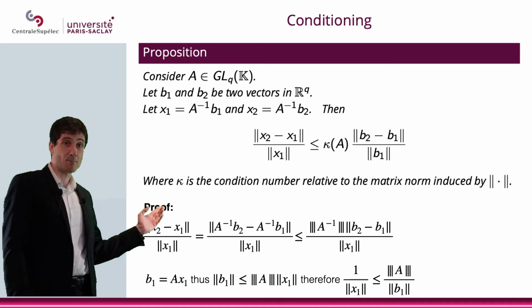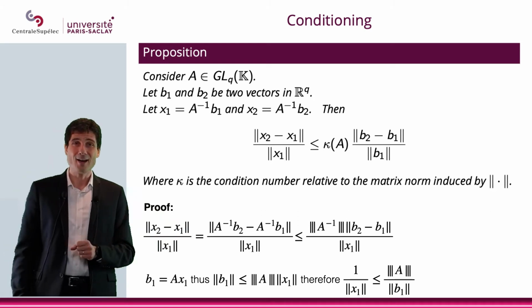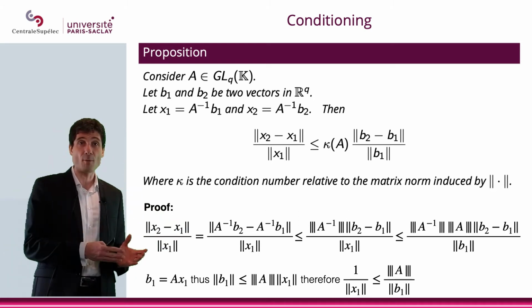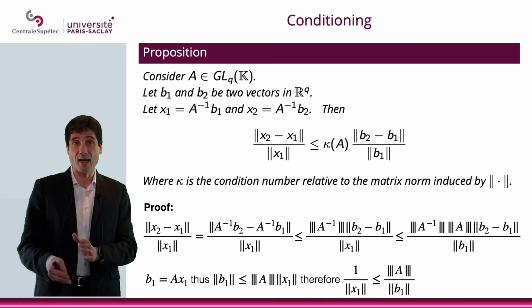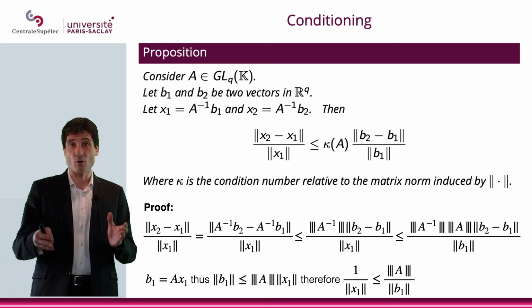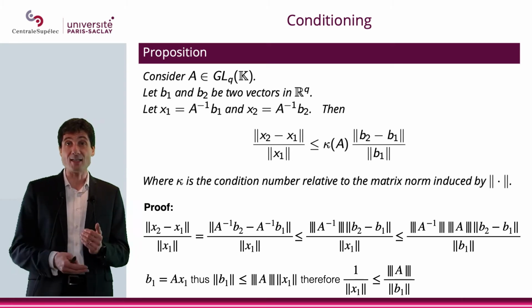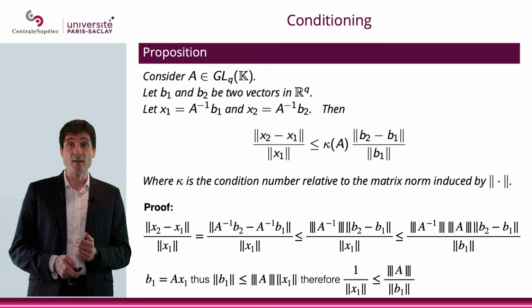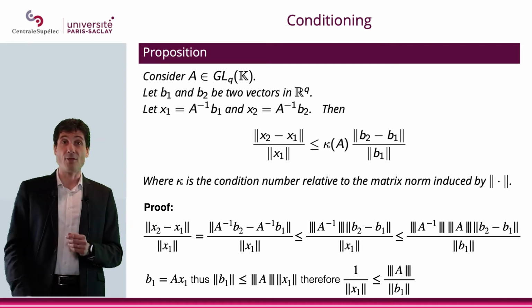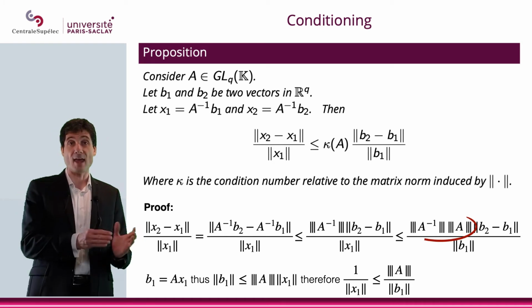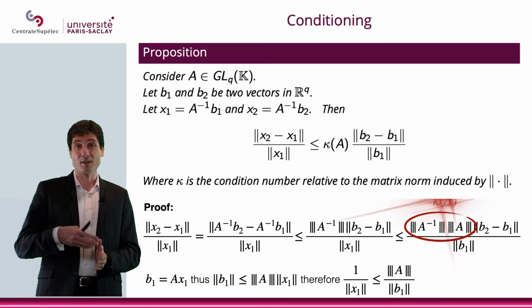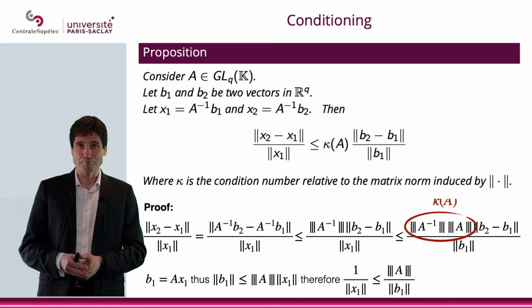So if I plug this back in over here, what I get is the norm of A inverse times the norm of A multiplied by the norm of b2 minus b1, divided by the norm of b1. In other words, you get exactly the inequality that you get here, since kappa is the norm of A inverse multiplied by the norm of A.